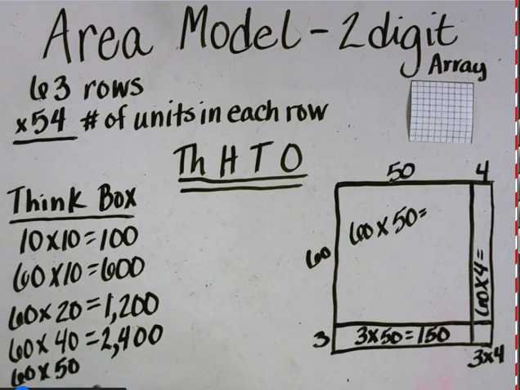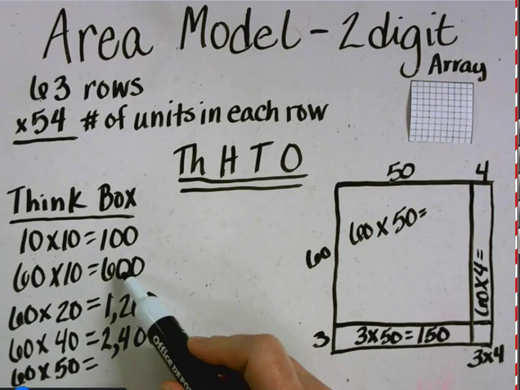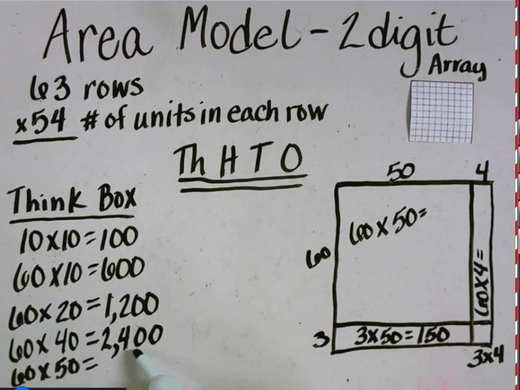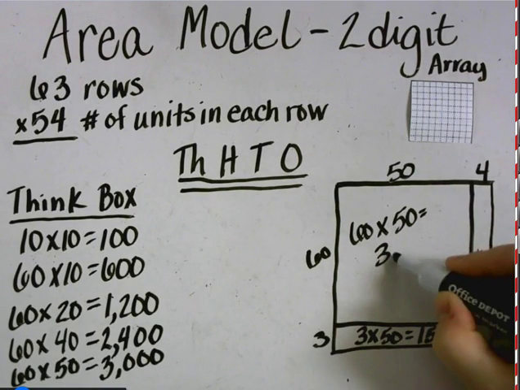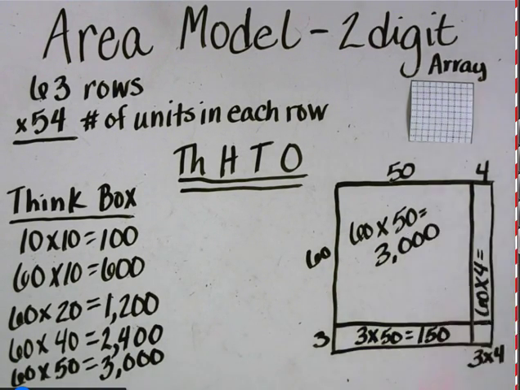My 60 times 50 now is one group of 10, which is 600, and 40 groups, which is 2,400. I'm going to add those two together, and I get 3,000. I'll put my answer right here. It's 3,000.